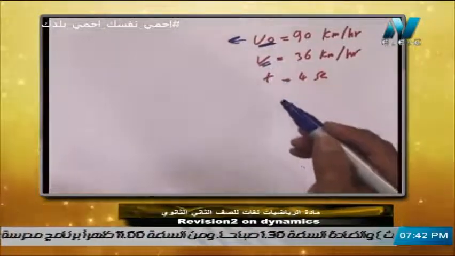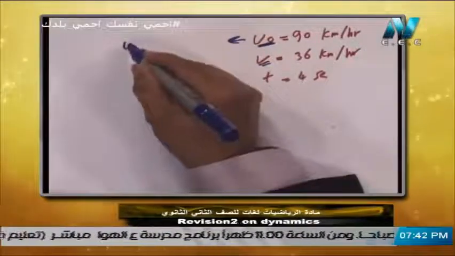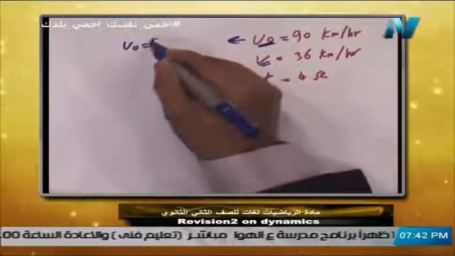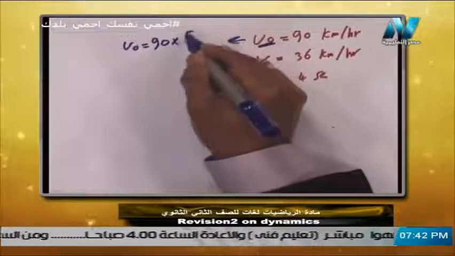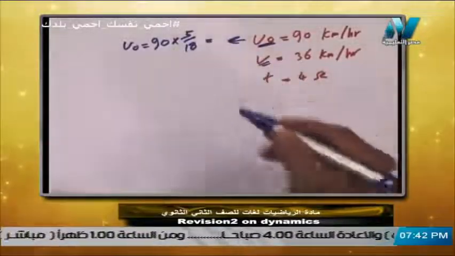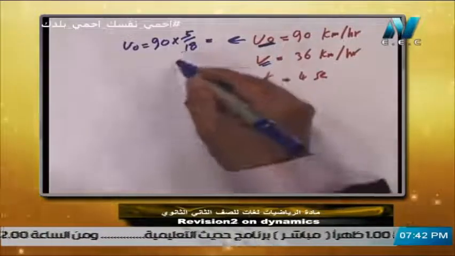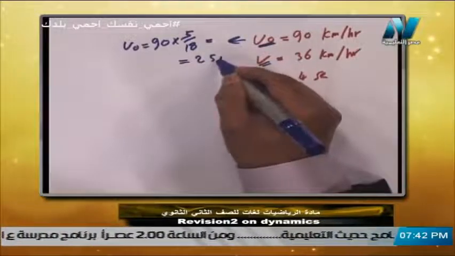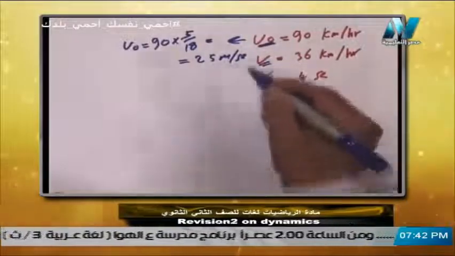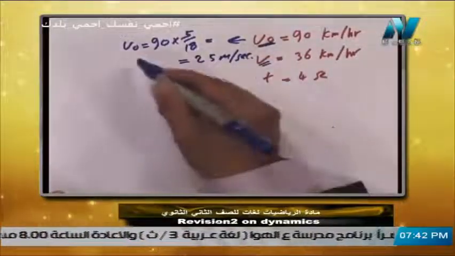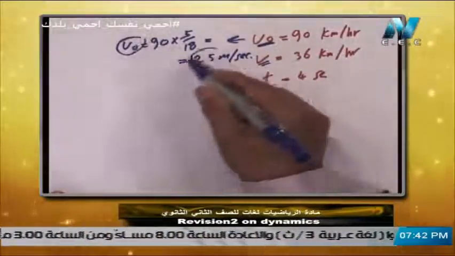So V naught here equals 90 times 5 over 18, and the answer will be 25 meter per second. So V naught here equals 25 meter per second.